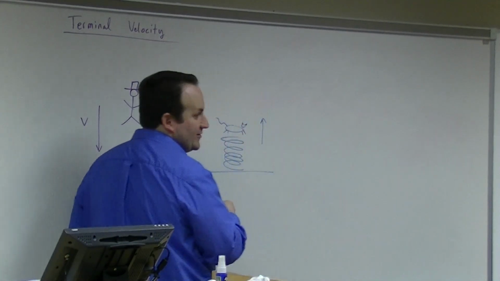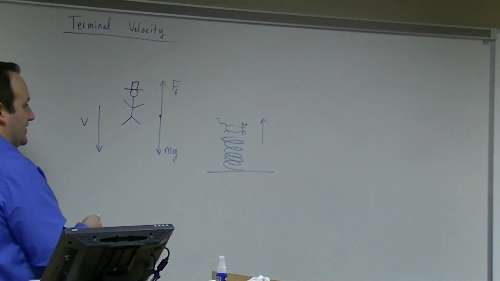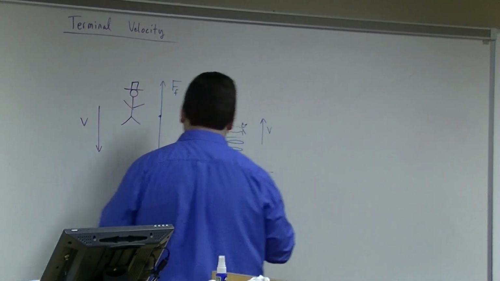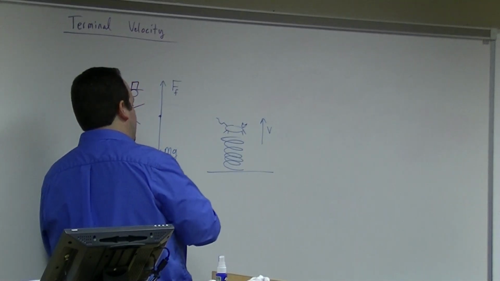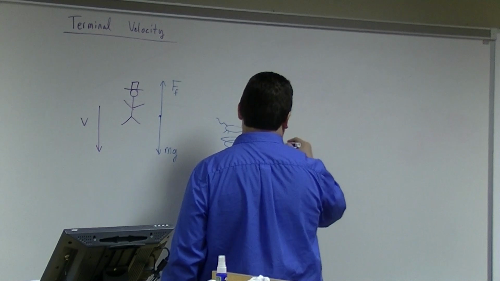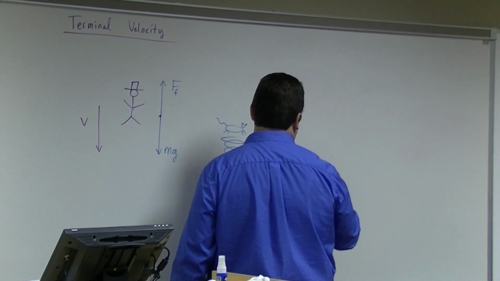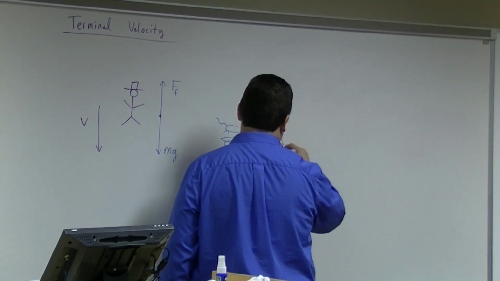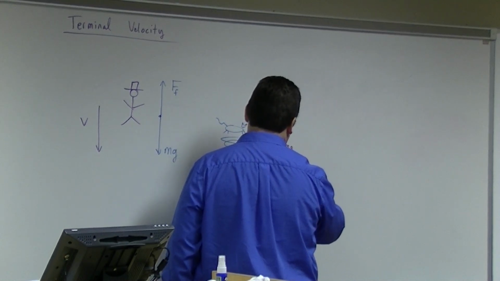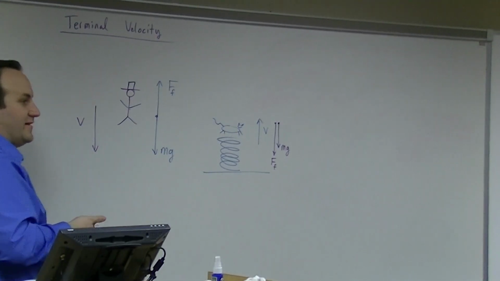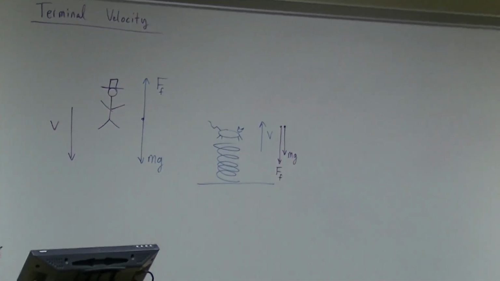In this motion, the free body diagram is a little bit different, right? In that case, you have the mg this way, but guess what? Force of friction, also that way. So the force of friction isn't always opposite gravity. Sometimes it acts in concert with gravity, at least for upward motion, right?